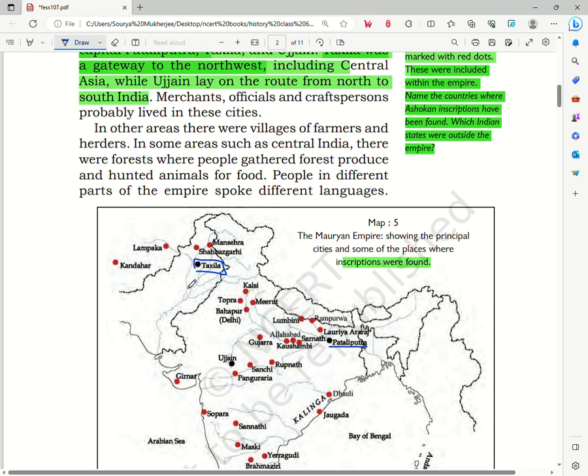This form of art or sculpture has a lot of Greek influence, because as you know, during the time of Alexander the Great's invasion, a lot of Greek soldiers who came with him settled down in these northwestern areas.